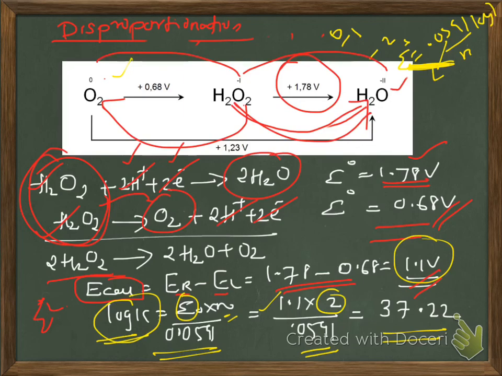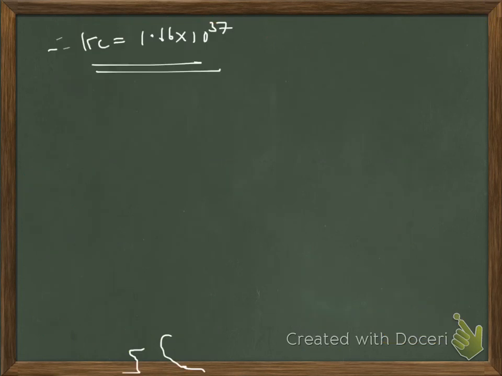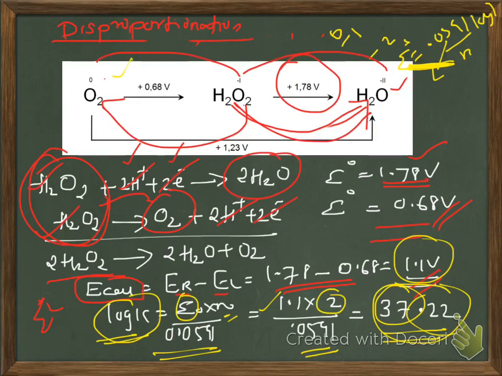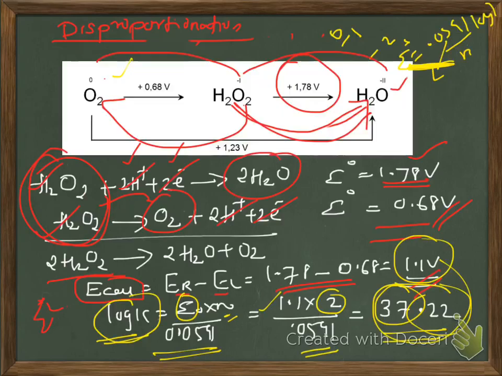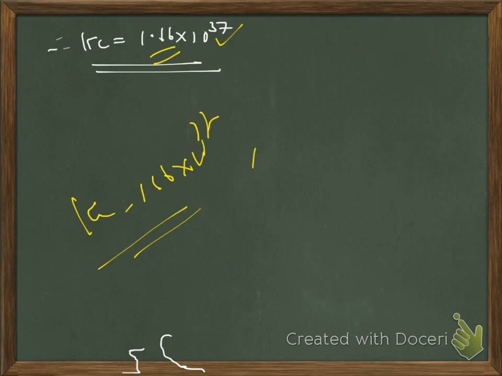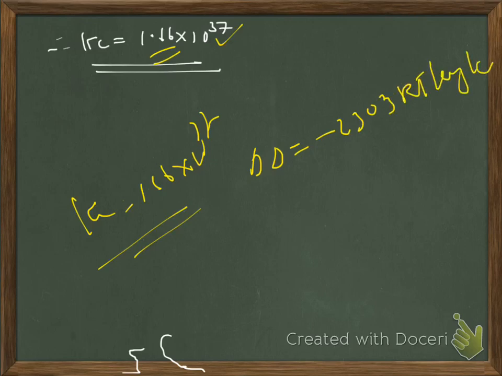Then what is K? You have to take the antilog of this number. Antilog of 37 is 10 raised to 37 and antilog of 0.22 is 1.66. So we have Kc equal to 1.66 into 10 raised to 37. That means this reaction has a high Kc, so it should have negative delta G. Delta G equals minus 2.303 RT log Kc.